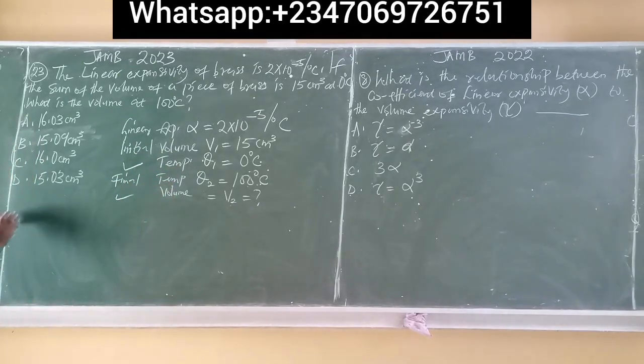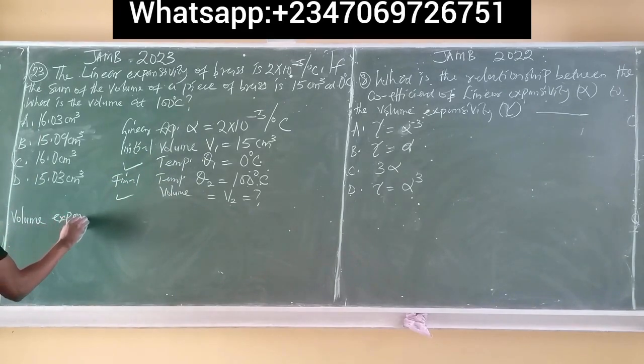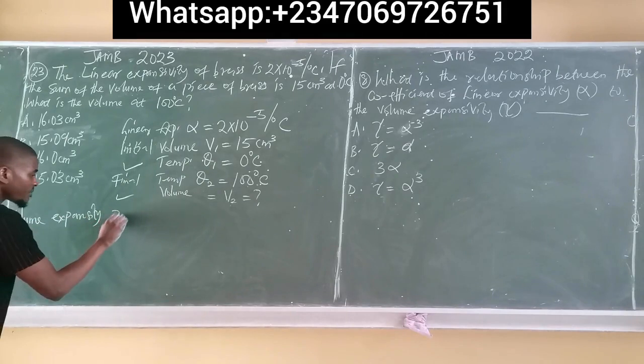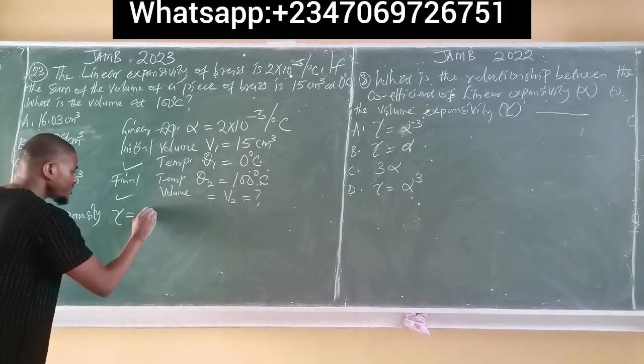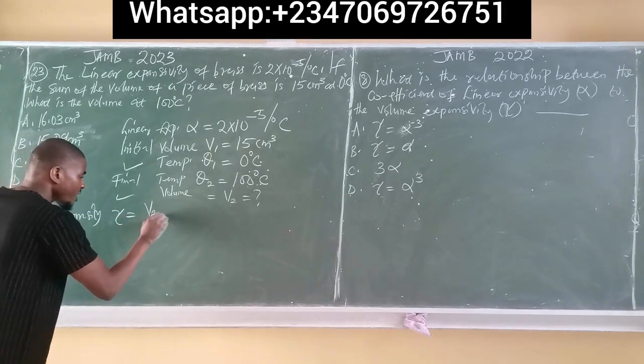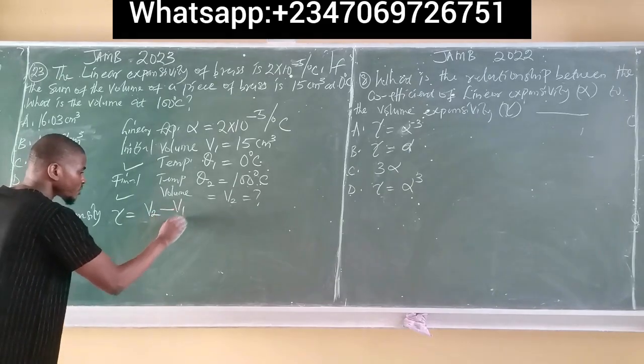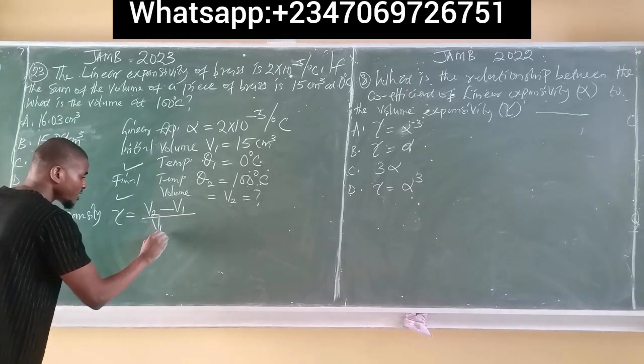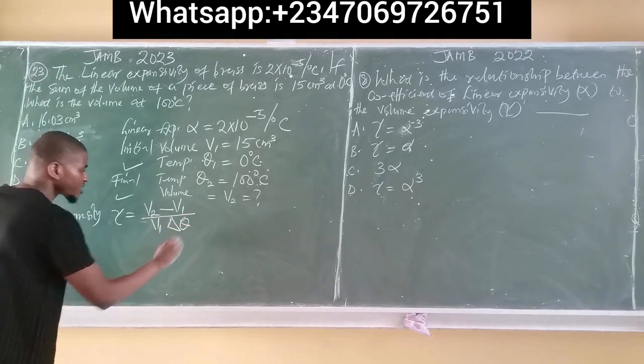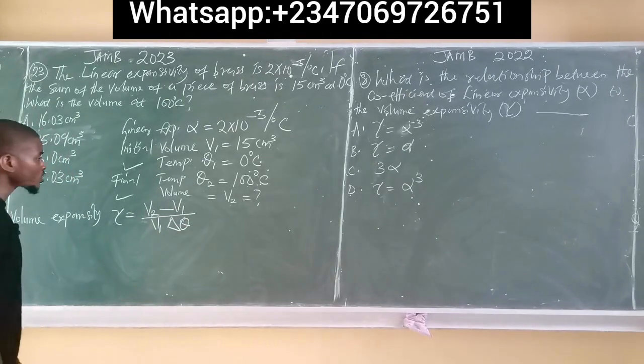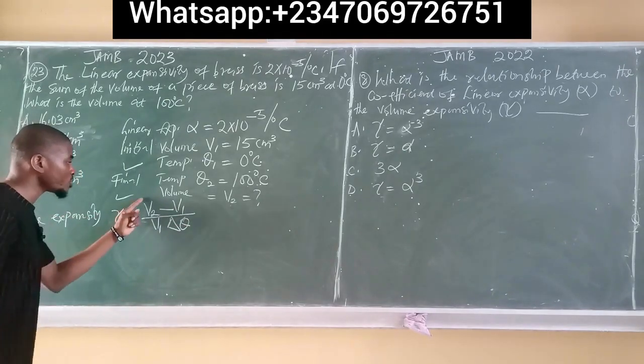Now recall volume expansivity, which is gamma, is given as the change in volume, which is V2 minus V1, all over the initial volume V1 times change in the temperature. You have this. Now the question is asking us to find the final volume, which is what?